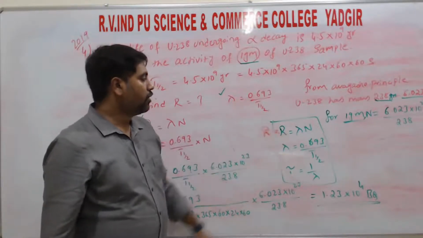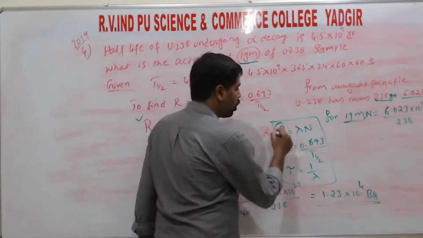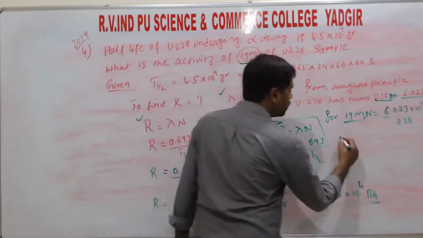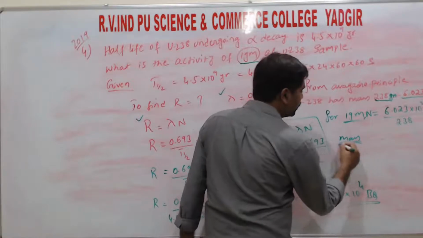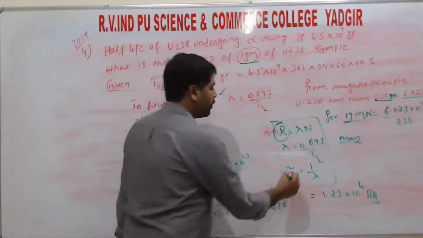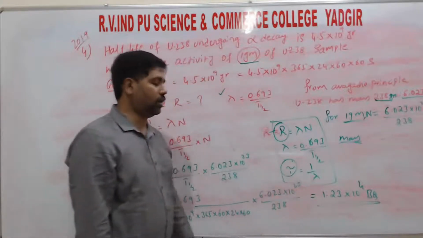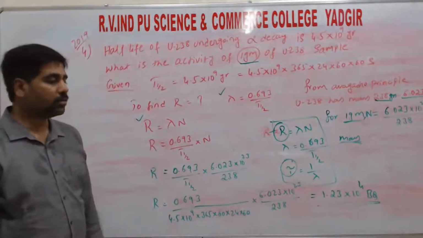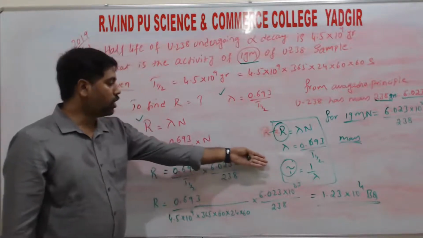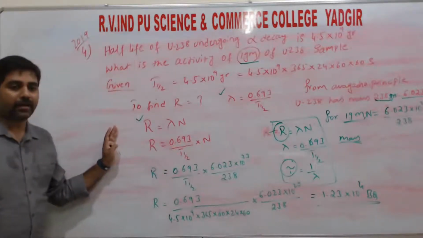right? So here option one is we need to find the activity, and they may ask for the mass which consists of the atoms, right? And they may ask for the mean life, tau, right? Only we have these three formulas in radioactivity, right?